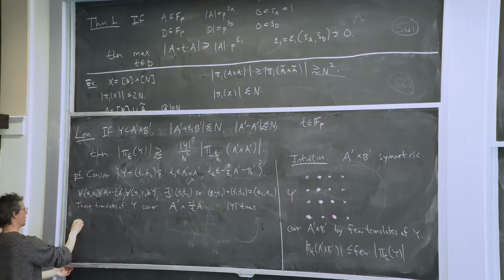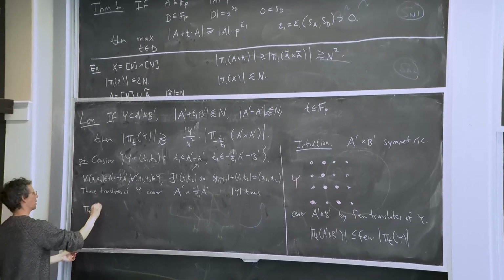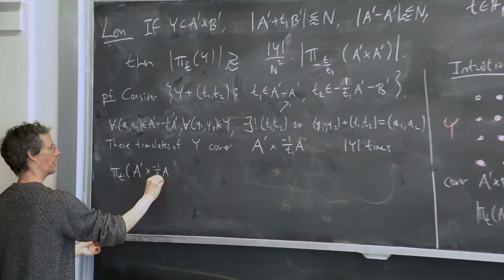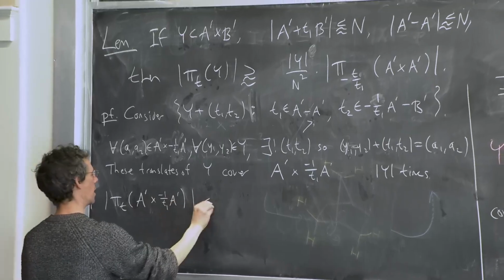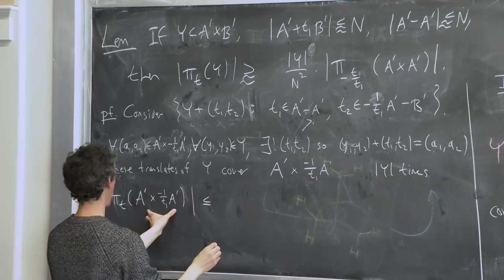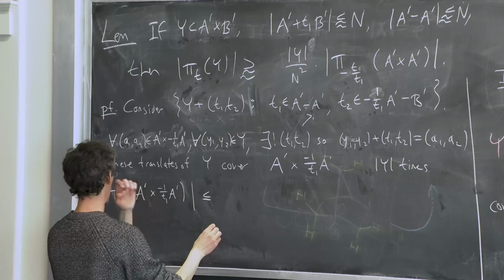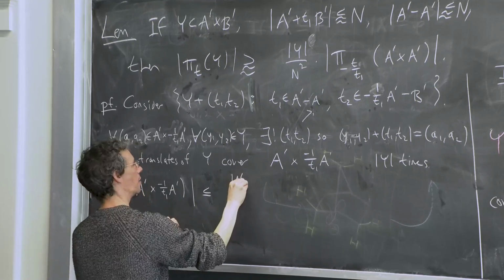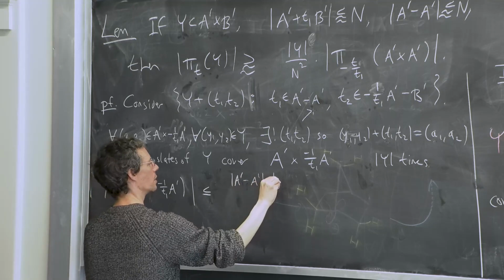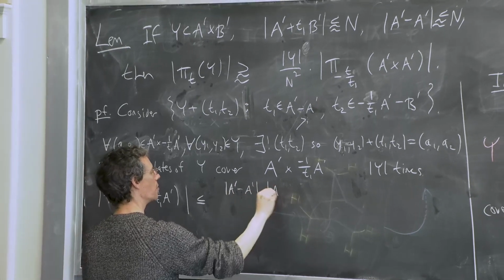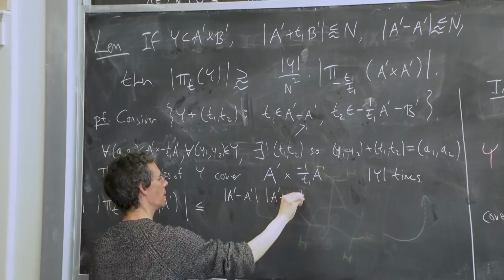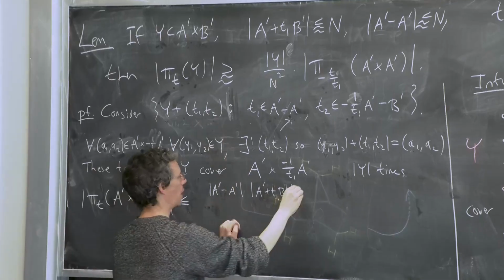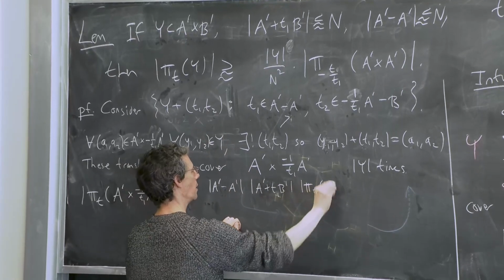So then we can say that pi t of A prime cross minus 1 over t1 A prime is bounded by the following. We're going to take A prime minus A prime times A prime plus t1 B prime. This is how many copies of y we took. For each one of them, we have a projection, so that has the size pi t of y.